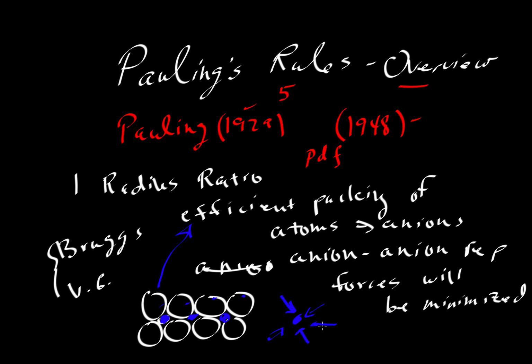So if we try to squeeze in too many anions fitted around a single cation, then those anions will be overly crowded and we'd have anion repulsive forces that would destabilize the structure. So radius ratio rule is about two of those things: the closest packing idea, and then also minimizing these kinds of repulsive forces. So how about the second rule, rule number 2?